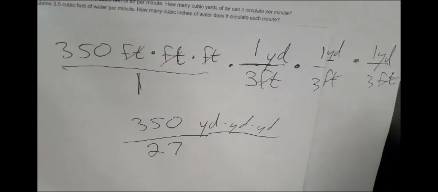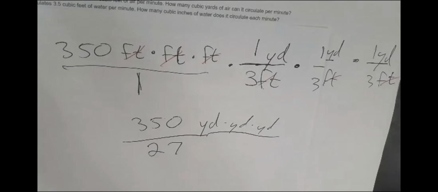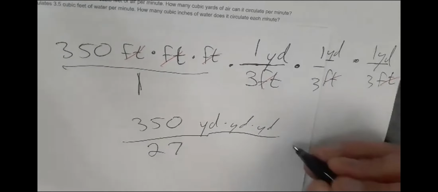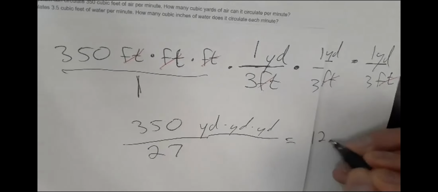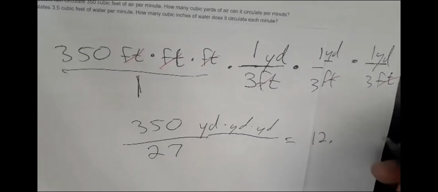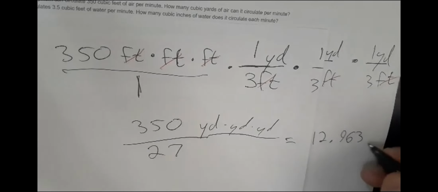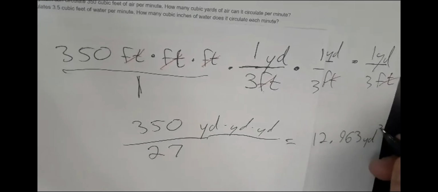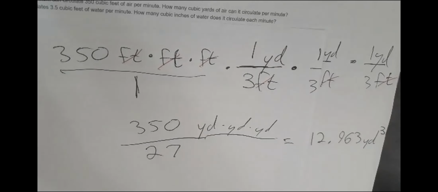Did it say how to round it? It doesn't say. I'm probably going to round it to 3 decimal places. So that's 12.963. I want to write those yards 3 times again.